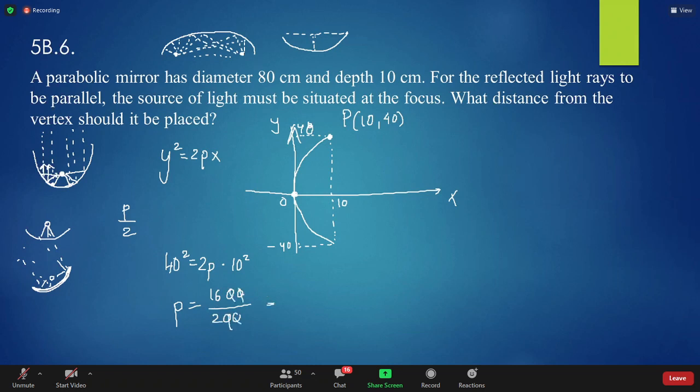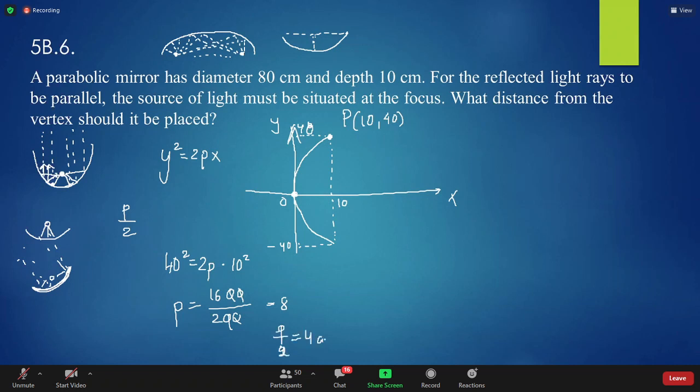That's interesting. It's 8. And did I do it correctly? 40 centimeters, 10 centimeters, squaring for 1,600. Yes. 100, 200, yes. 8. So p is 8, and p half is 4 centimeters.